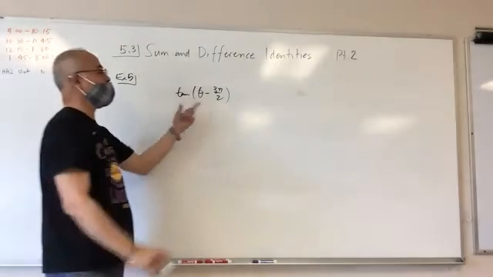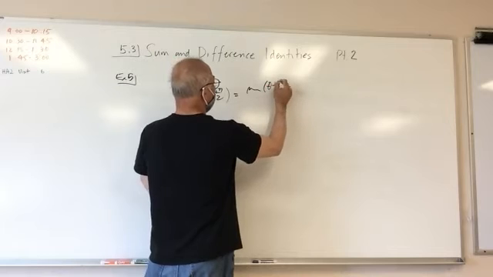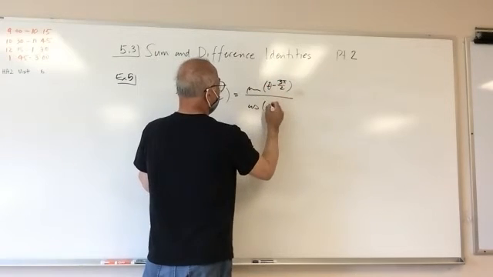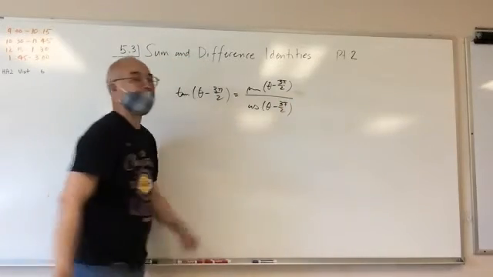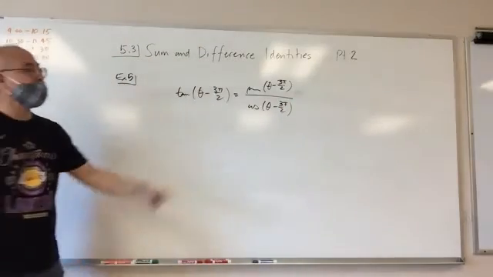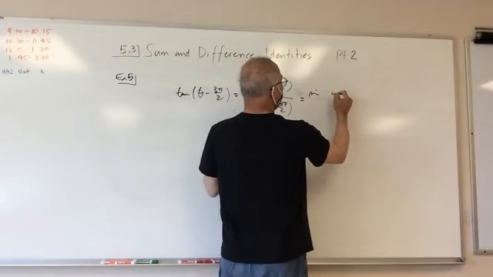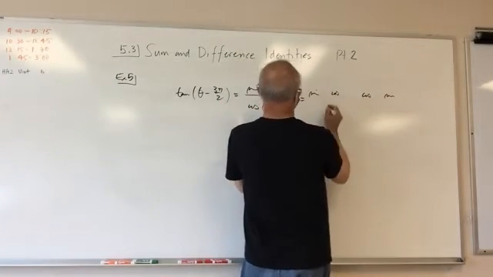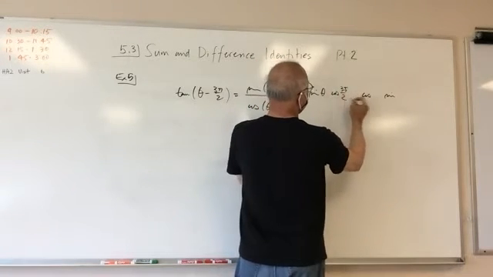So the way you're going to work this is as sine of theta minus 3 pi over 2 over cosine of theta minus 3 pi over 2. Now I can deal with it because I've done sine and cosine both. So this is going to be sine, cosine, cosine, sine, theta 3 pi over 2.